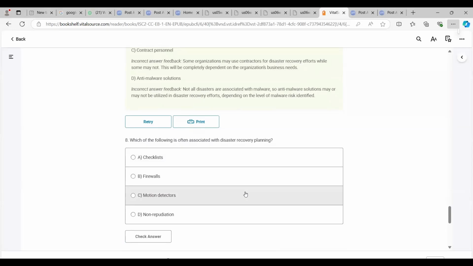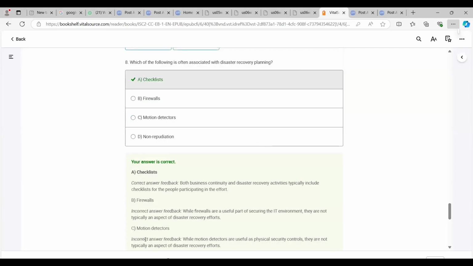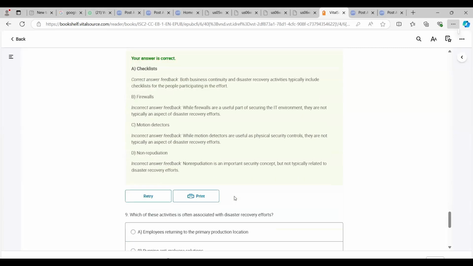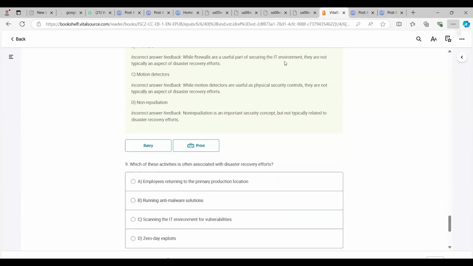Simple. Checklist. Are we all going for checklist? Straightforward. So it's checklist. A. Yeah, A. It's checklist.